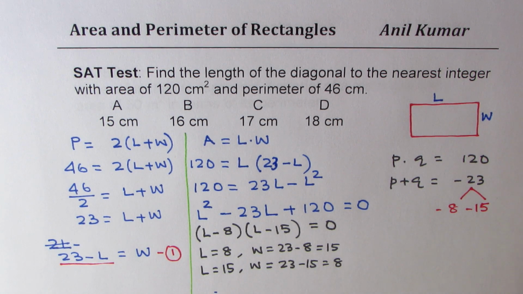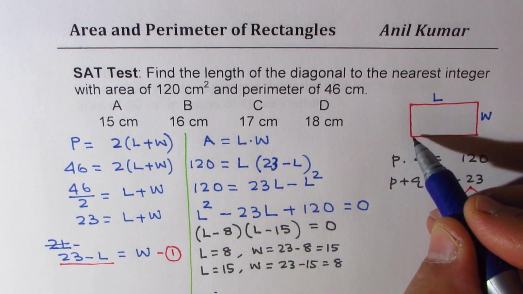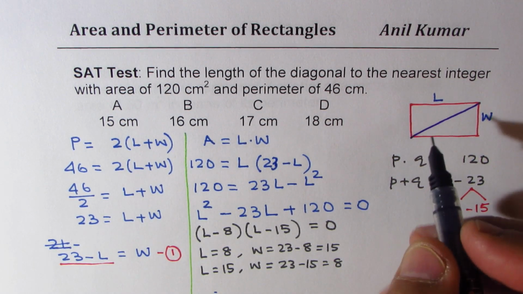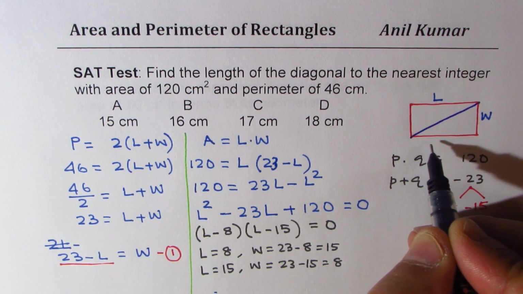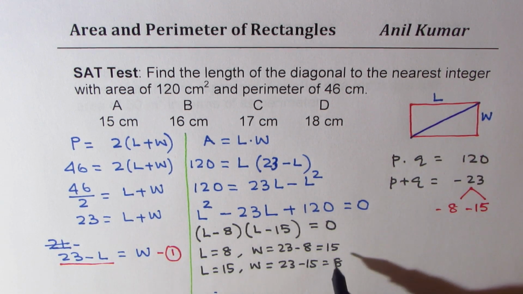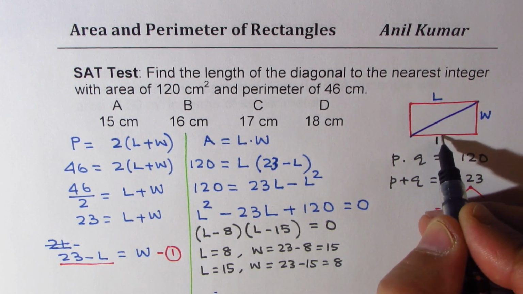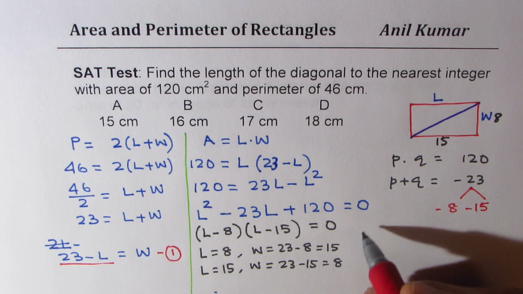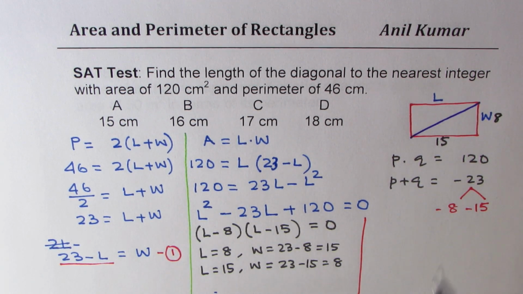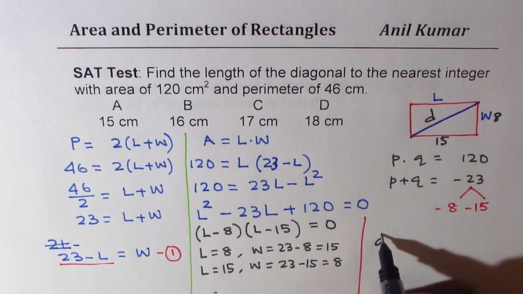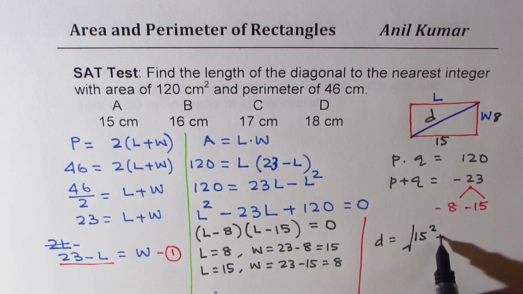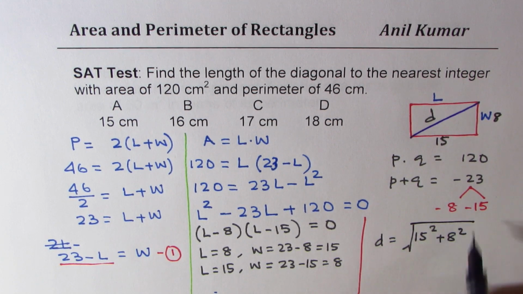So we got that. Now the idea is to get the diagonal. What we found in our case is that the sum of the dimensions is 23, one dimension is 15 and the other one is 8. And therefore, the diagonal D should be equal to square root of 15 square plus 8 square.